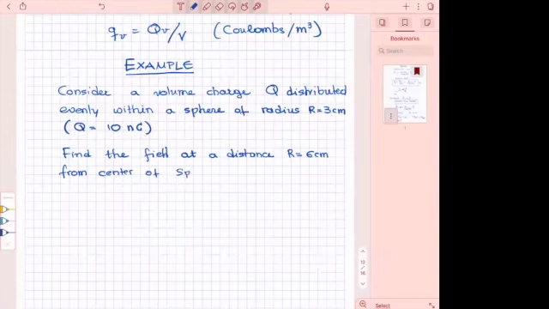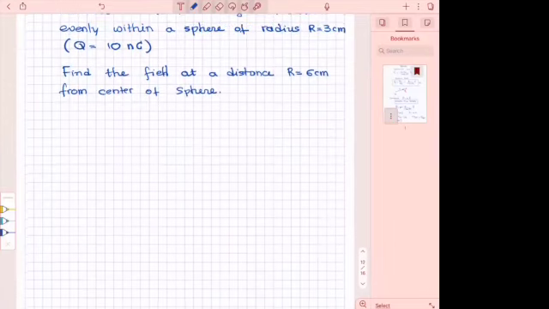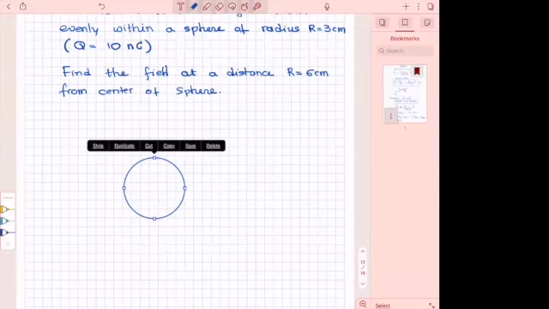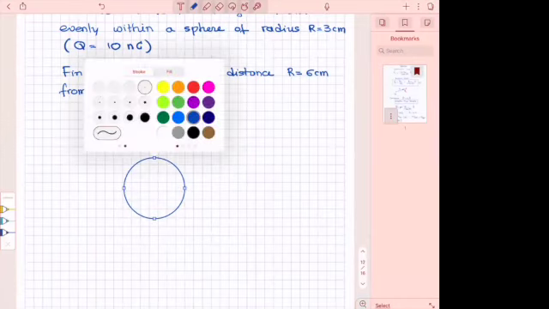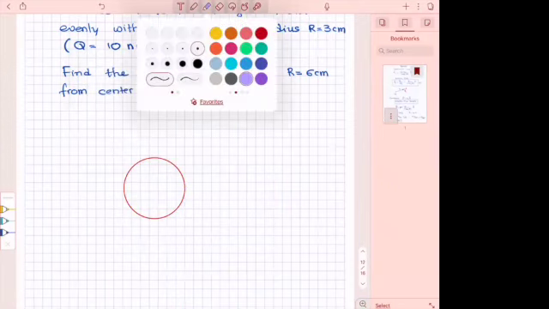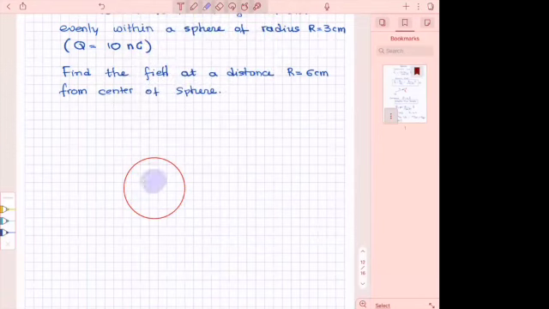So what is the problem here? They say the following. We have a charge here, and the charge distributes evenly.